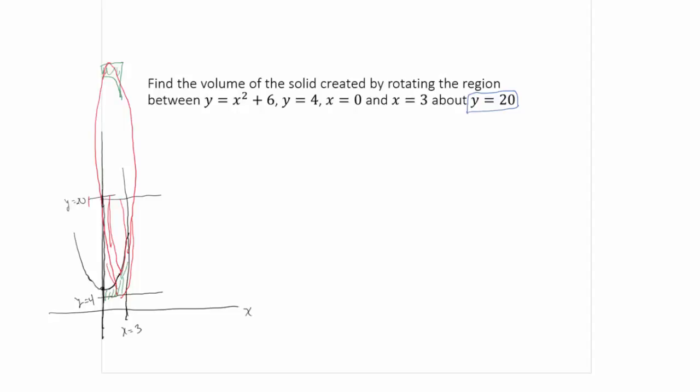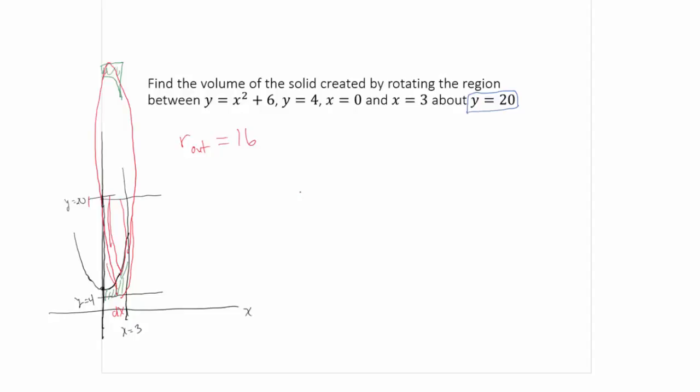And we've got to figure out what's the outer radius and what's the inner radius. Okay, and first, its thickness is dx. What's the outer radius? Well, the outer radius is constant, right? It's the distance between 20 and 4. The outer radius is always 16 units.